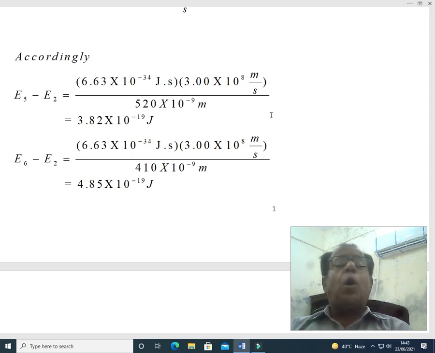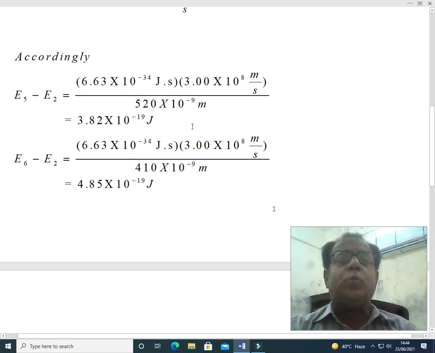Now we come towards the second situation provided in the problem, that is E6 minus E2. Again value of h, Planck's constant, then value of c, divided by value of wavelength given in the problem, which is 410 nanometer. After simplification, E6 minus E2 becomes equal to 4.85 into 10 raised to the power minus 19 joule.